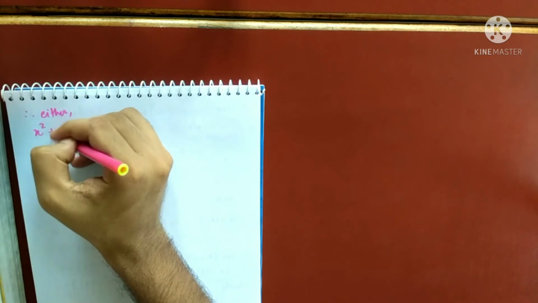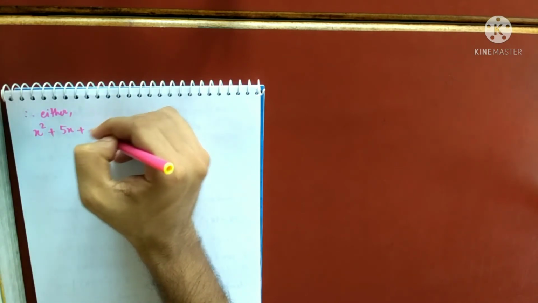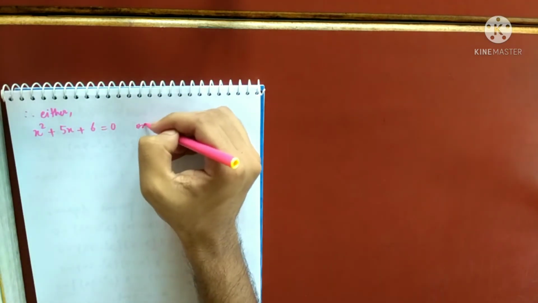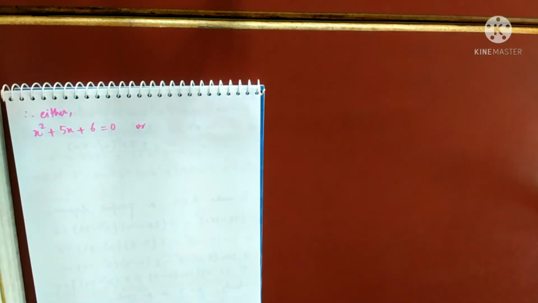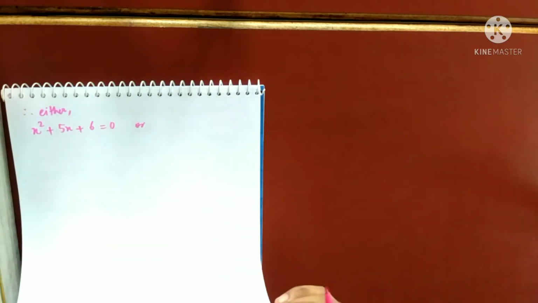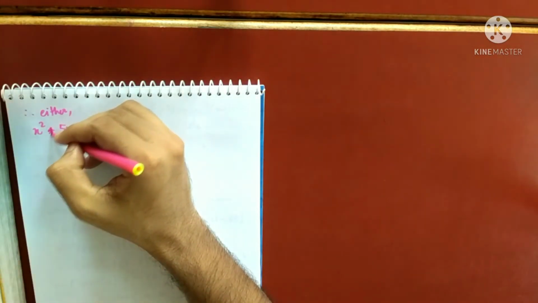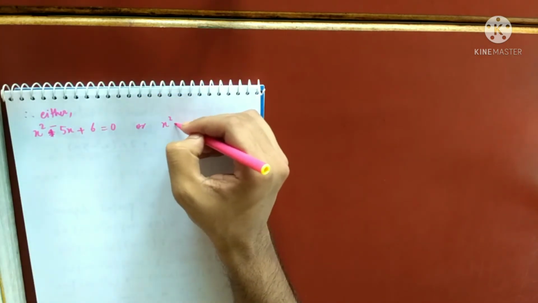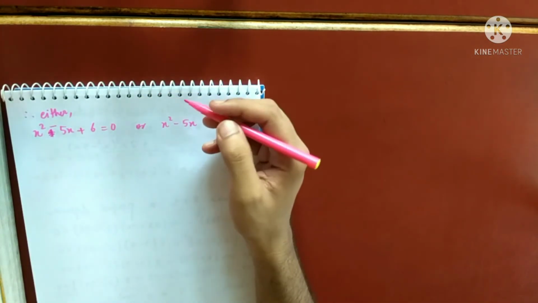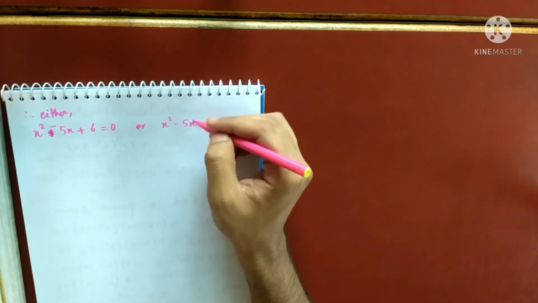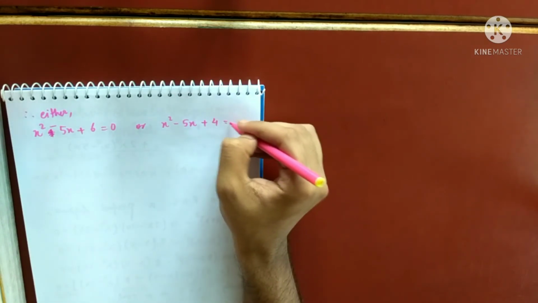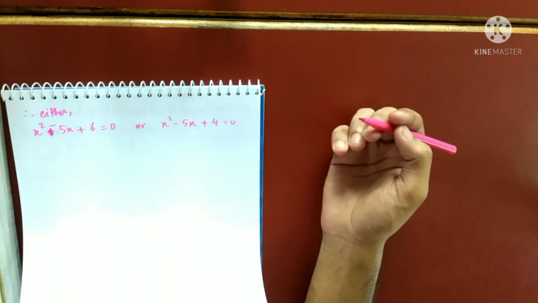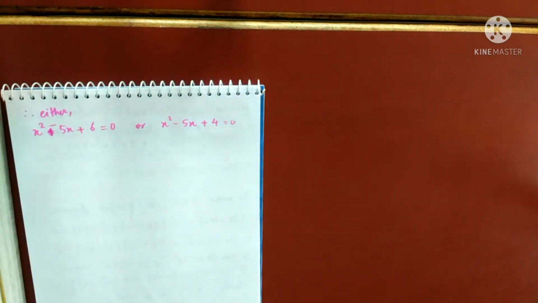Either x square minus 5x plus 6 equals 0, or what was the other quadratic? Let me check. It was x square minus 5x plus 4 equals 0. That's plus 4 only, right? And solving these quadratics is very simple.